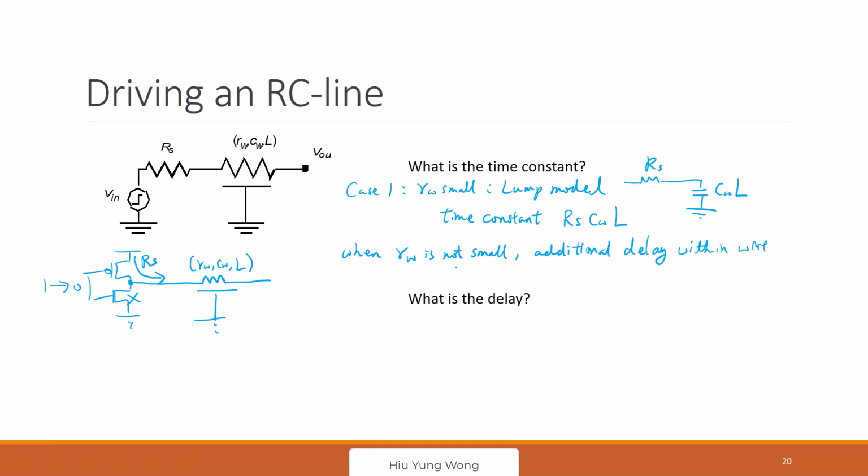And that has a time constant of what? RwCwL squared divided by 2, just within this line, right? So that's how we separate it.